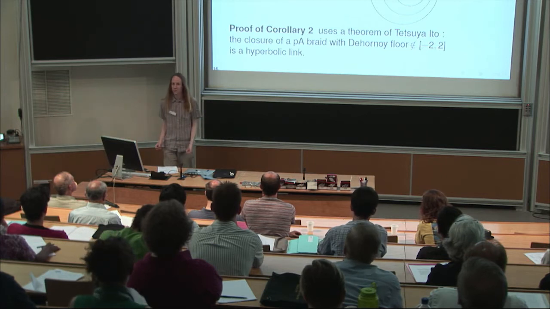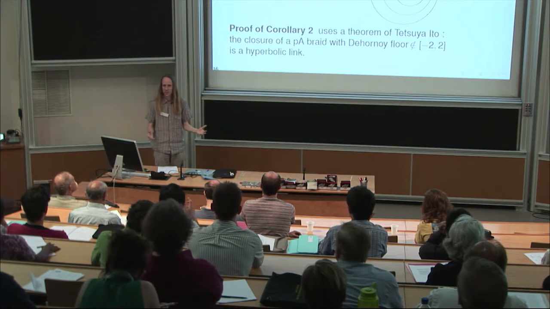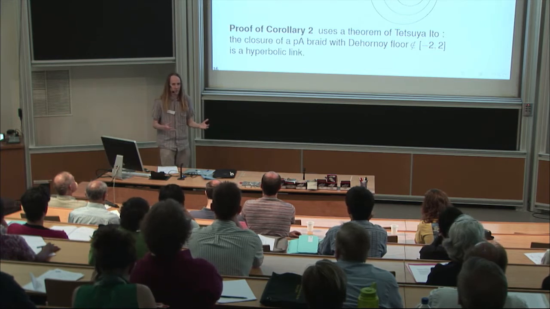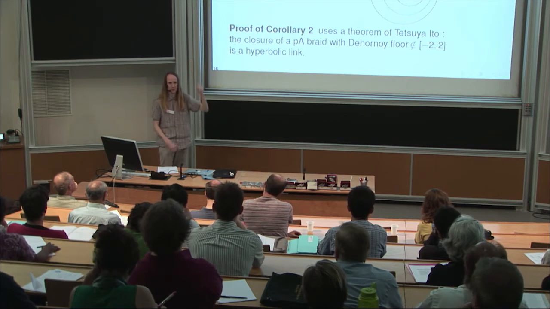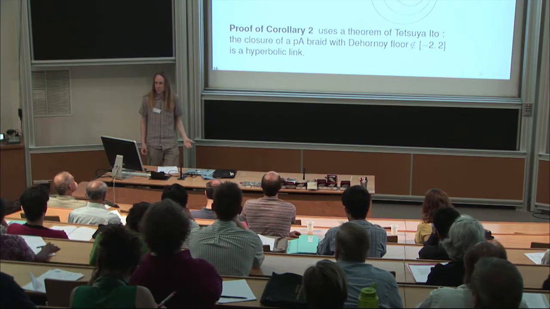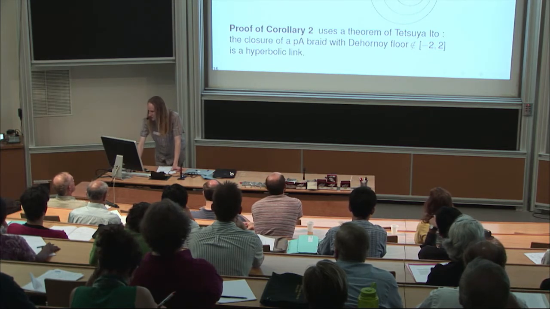So in order to prove the corollary, you have to prove that a generic braid does not lie between delta^-4 and delta^4 in the Dehornoy braid ordering, which is not terribly difficult.